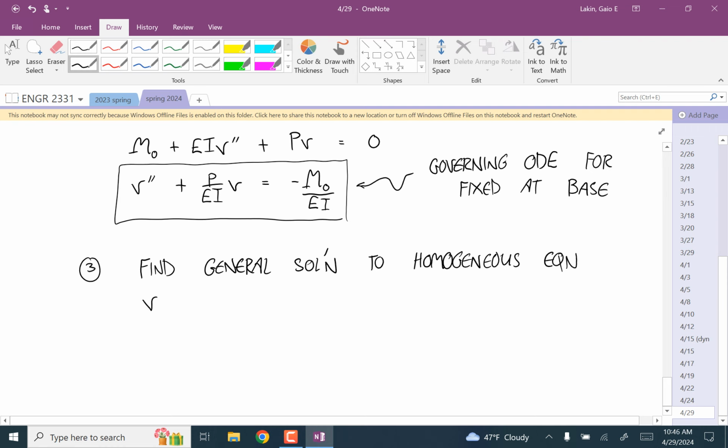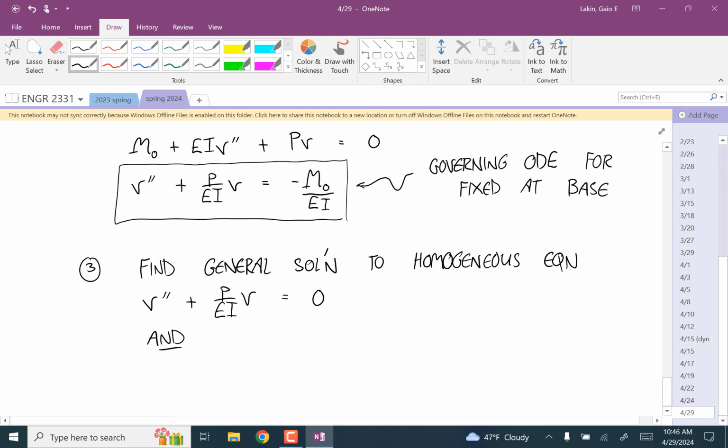That's the equation where we're just getting rid of anything that doesn't have a v or a derivative of v in it. So the homogeneous equation is v double prime plus P over EI v is equal to 0. It's easy to come up with a general solution to that.